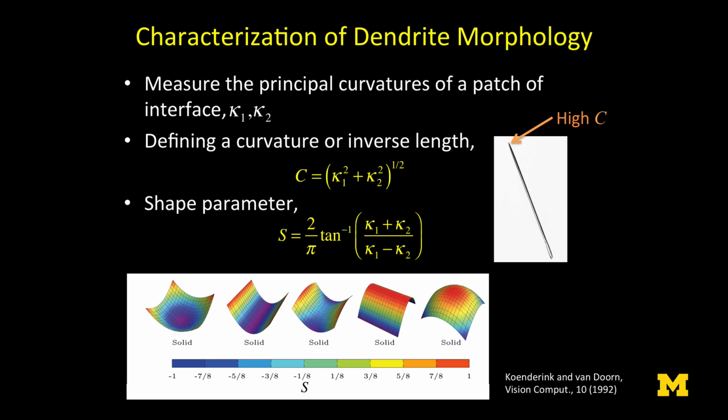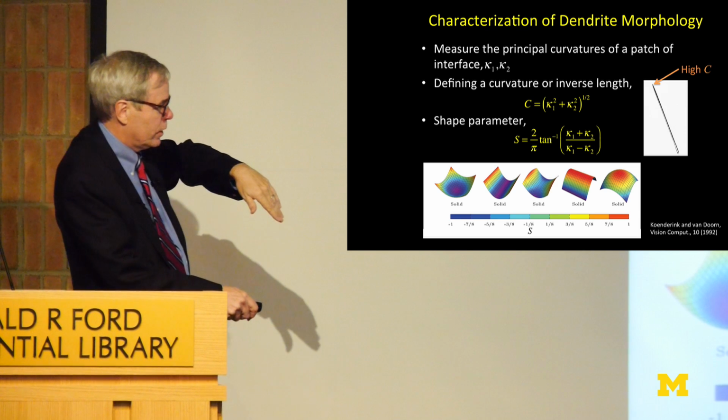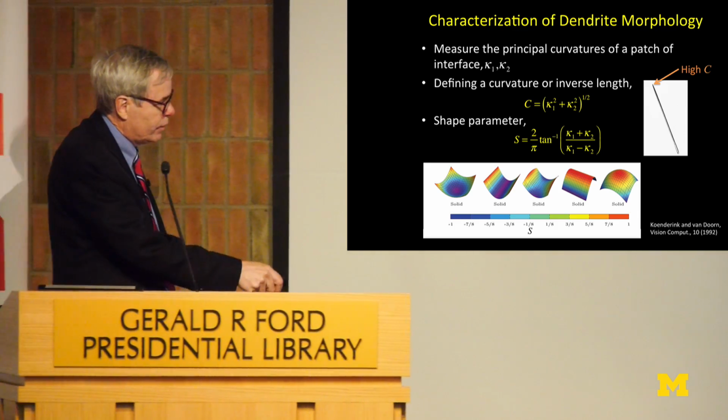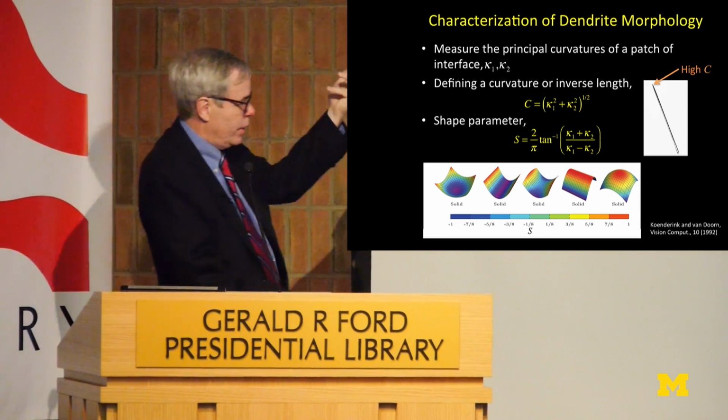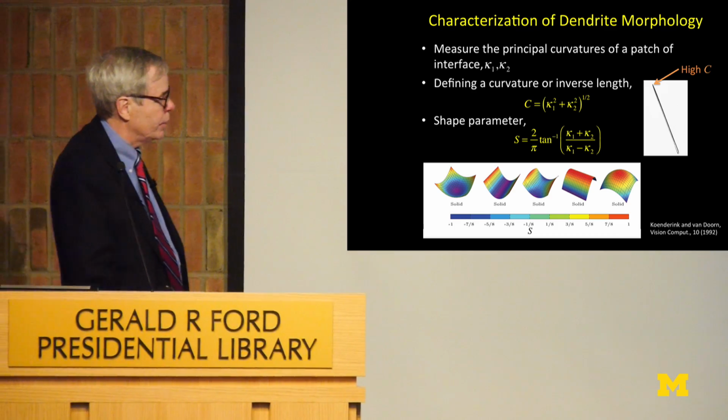So these are patches of various shapes, and we have a parameter that takes us from something that looks like a sphere to something that looks like a cylinder, to something that looks like a saddle, literally, with the legs of the saddle here and the backs of the saddle here, to cylinders and spheres in the opposite direction with respect to the liquid.